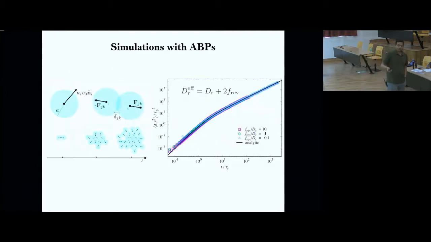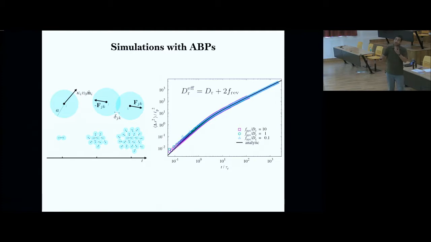Okay, so we initially just set out to do simple simulations with active Brownian particles, and since I already told you that the interactions between these are simply steric, so that's all we put into the simulations of these particles, that they interact via some potential, and also we include reversals of these particles, periodic reversals of the particles, just like the Myxococcus.